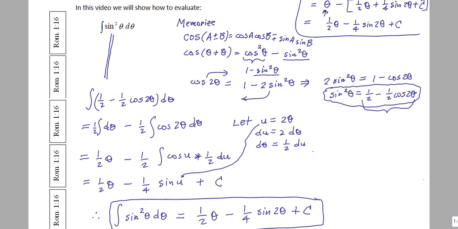Let me see. Yeah, if you come back up here, you have, let me do this in red, a half of theta minus a quarter of sine of the double angle plus the constant of integration, and everything checks out.